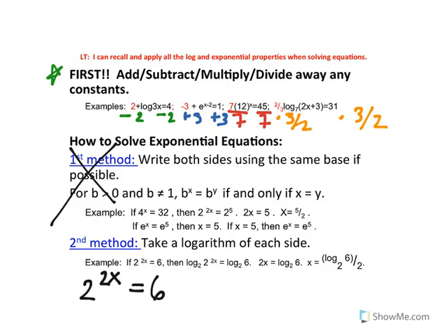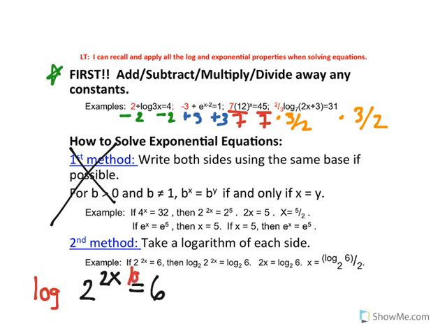That's very similar to saying I'm going to take the square root on both sides of the equation, or I'm going to square both sides of the equation. I'm going to subtract 2 on both sides of the equation. We're not doing anything new as far as thinking and solving. The only thing that's a little different is that instead of adding 2 to both sides or squaring both sides, we're going to take the log of both sides.